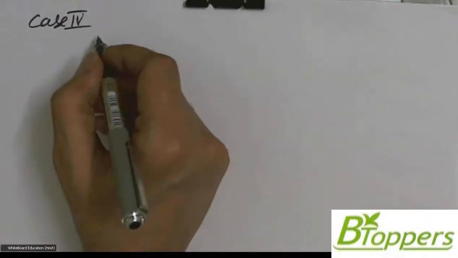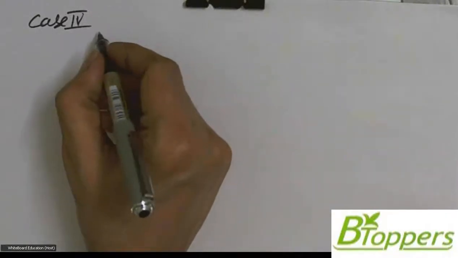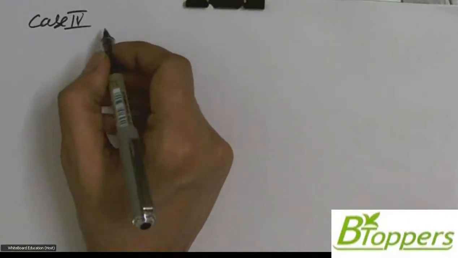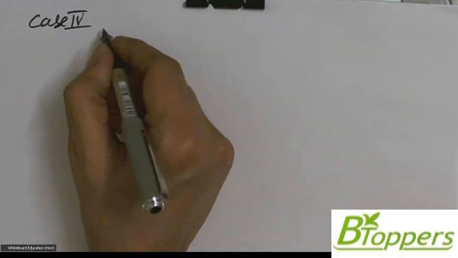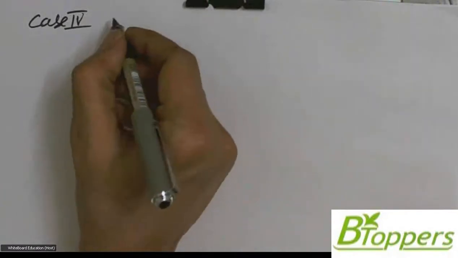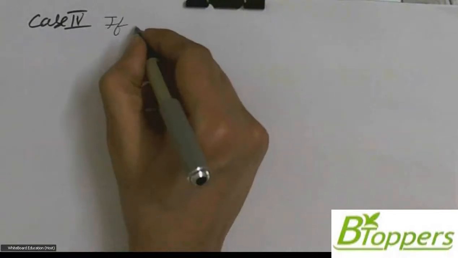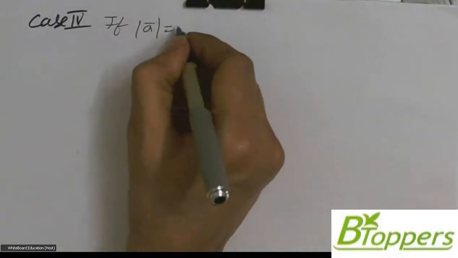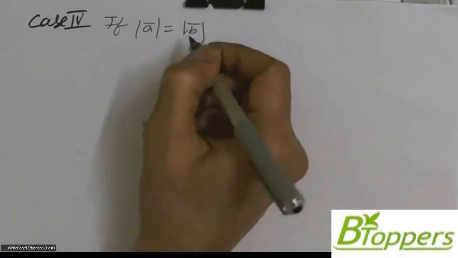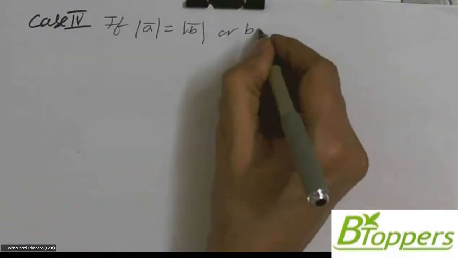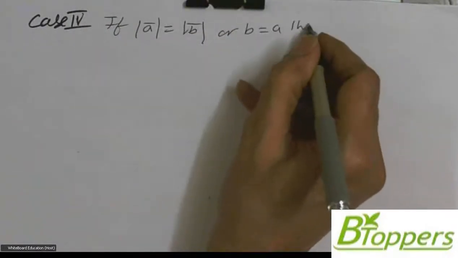So next case, I am discussing the case where the two vectors a bar and b bar have same magnitude but different lines of action. Mod of a bar is same as mod of b bar, or we write b equal to a.